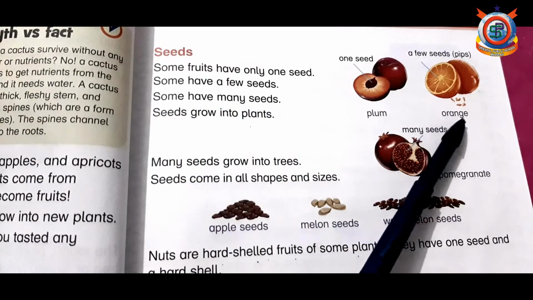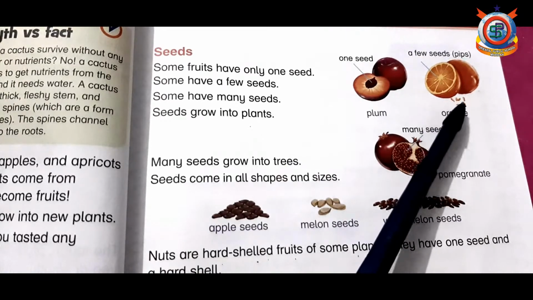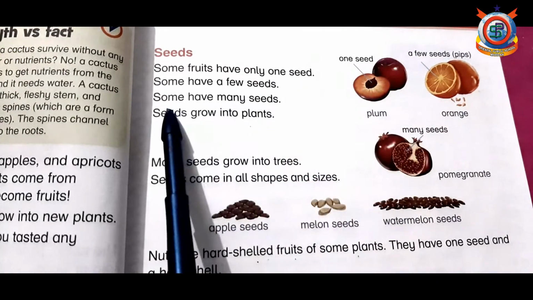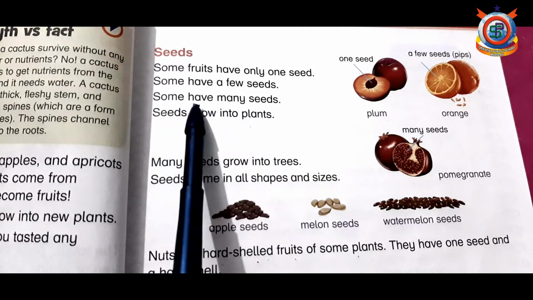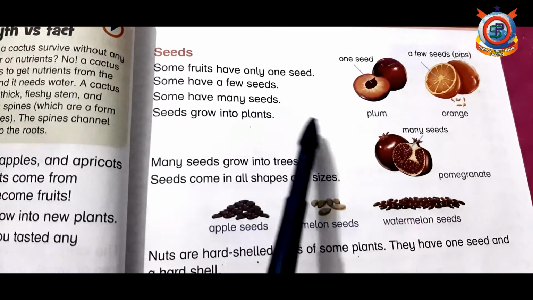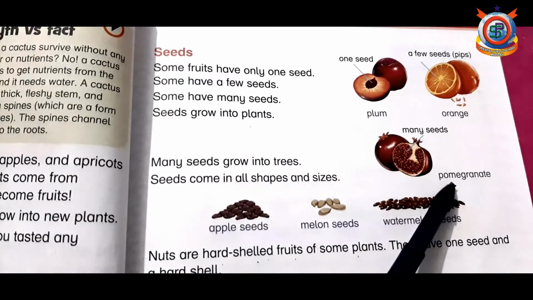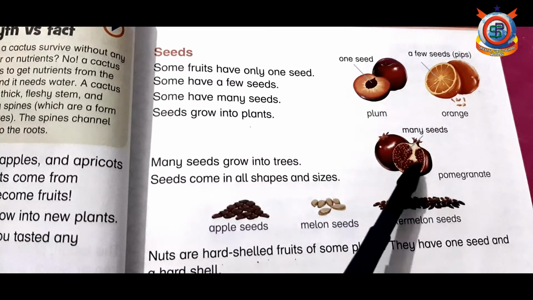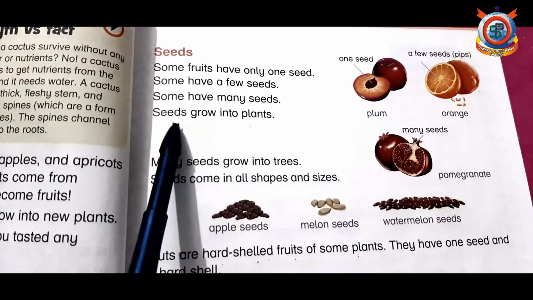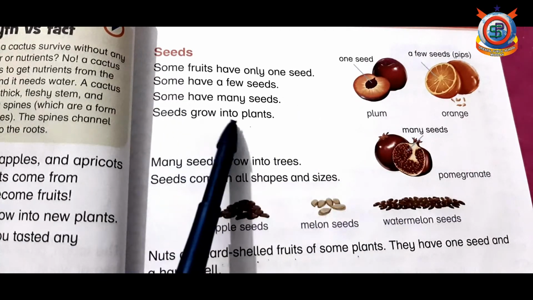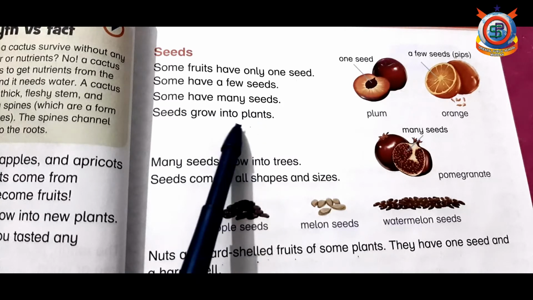Example, orange. Orange has a few seeds. Some have many seeds. Example, pomegranate. Pomegranate has many seeds.